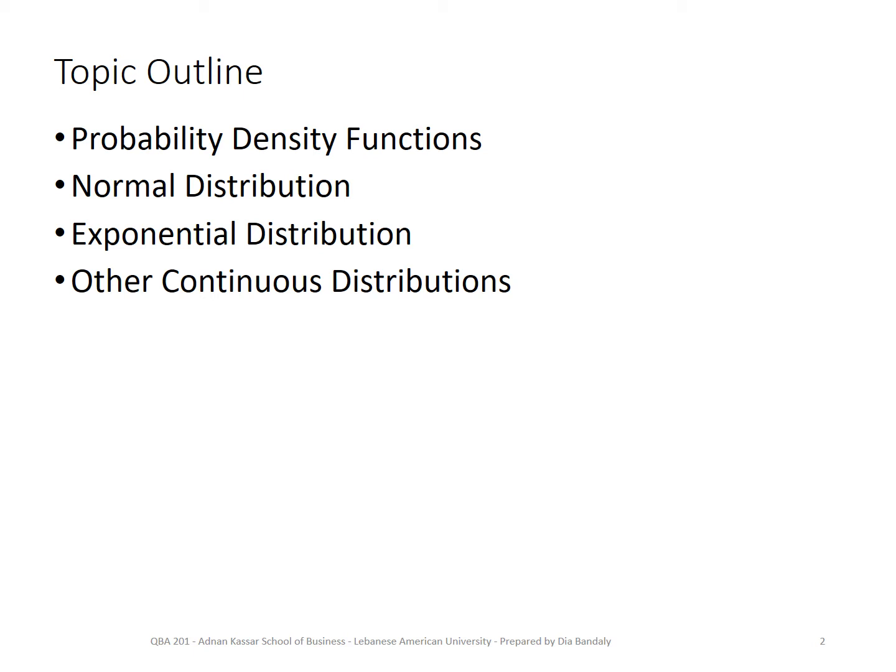Then we're going to spend most of the time in these videos talking about the normal distribution. Why? Because in research and in inferential statistics, it's very important that the variable has a normal distribution in order to make our conclusions. This is a widely used distribution, and it's very important.